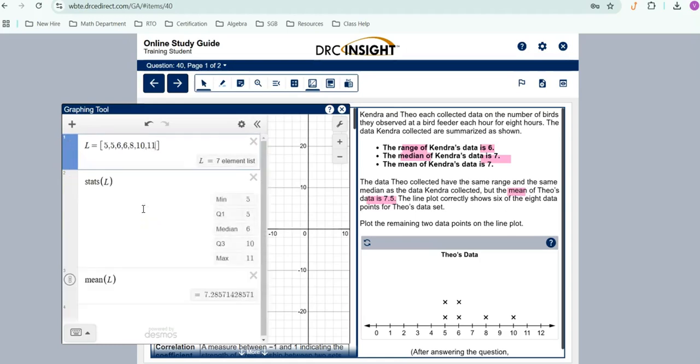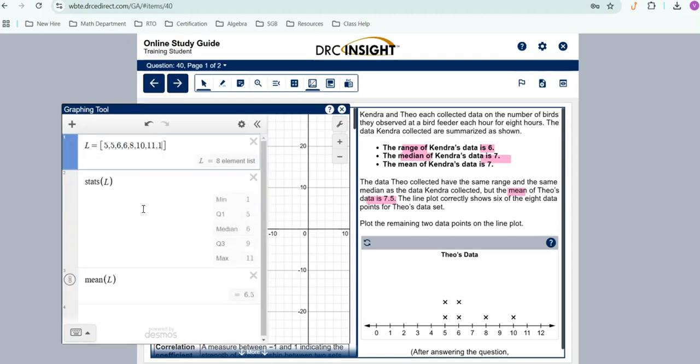Let's try 11. 11 expands my range. Now I'm going from 5 up to 11, so that gives me a range of 6. But I still don't have the right median or the right mean. My median and my mean are still too low.